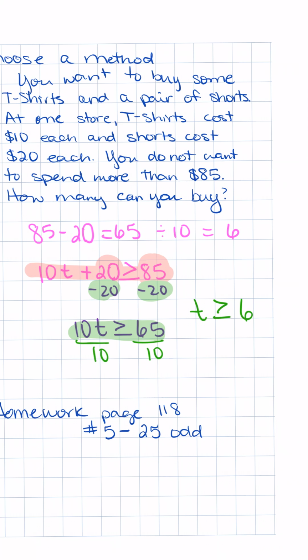Get rid of the 10 by dividing on each side. T is greater than or equal to 6.5, but like I said, you can't buy a half a short, so T is bigger than or equal to 6 is your correct answer.